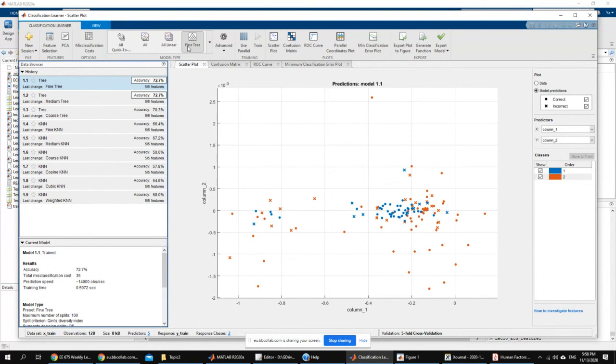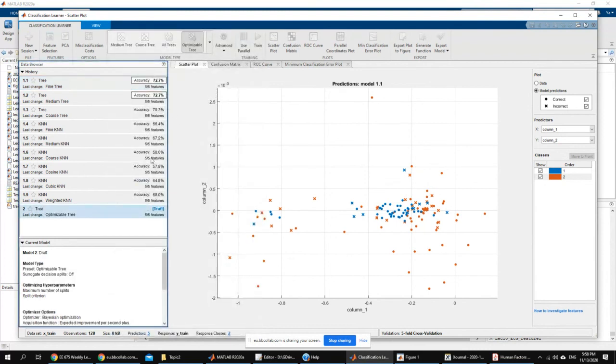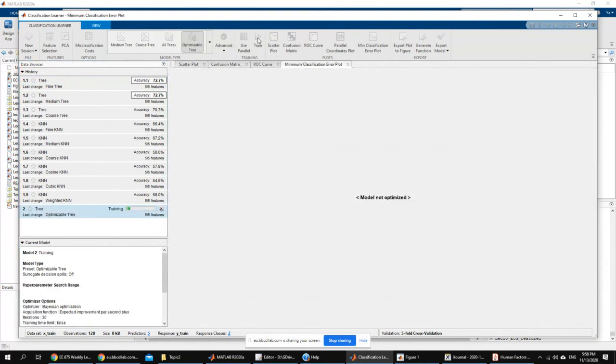Even if we optimize, maybe you can just use one of these and optimize, just use this tree, the decision tree, optimizable tree. Let's try the optimizable tree and see if we can get any better than that.